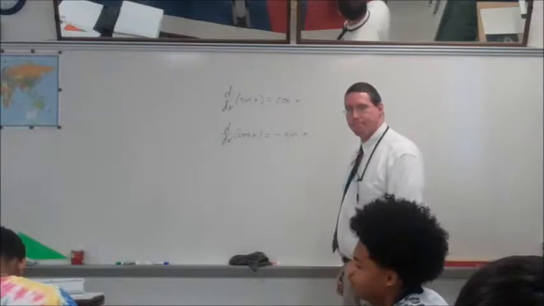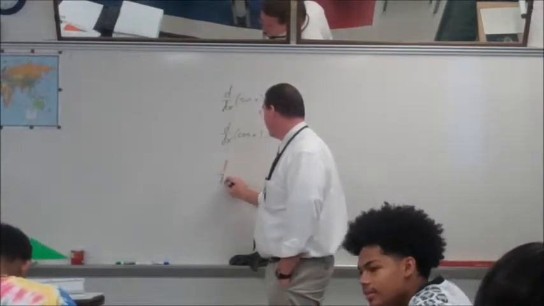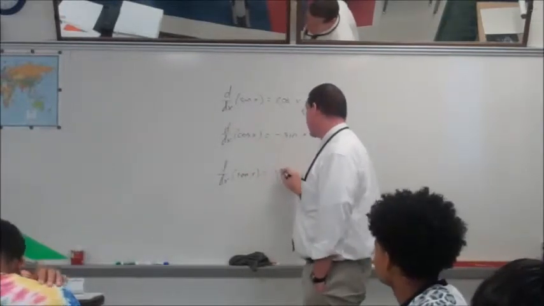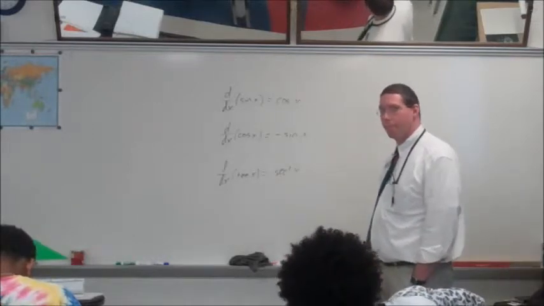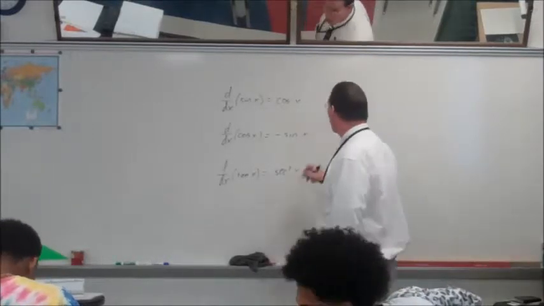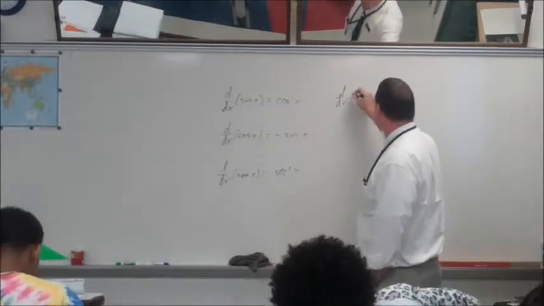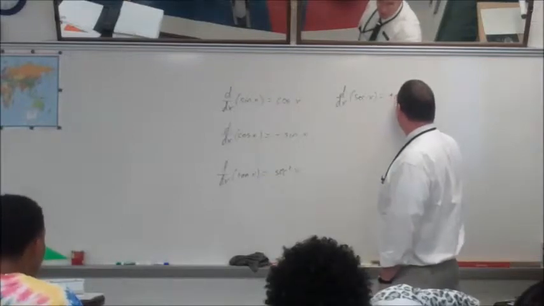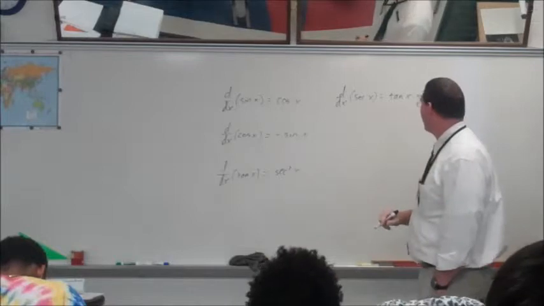Okay? We learned that the derivative of tangent of x is secant squared of x. We learned that the derivative of secant of x is tangent of x times secant of x.